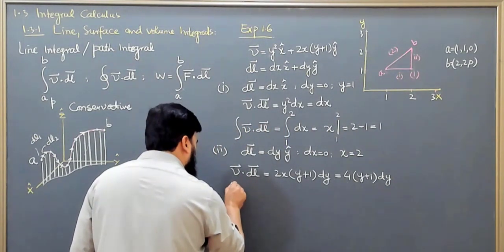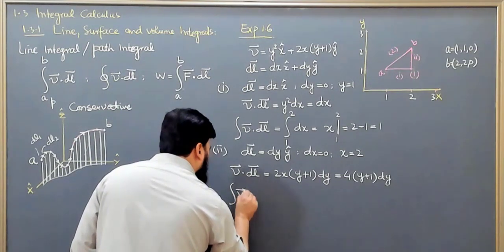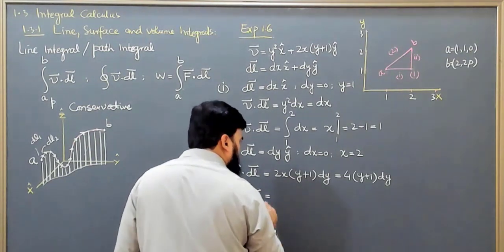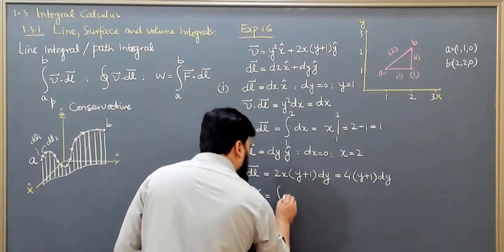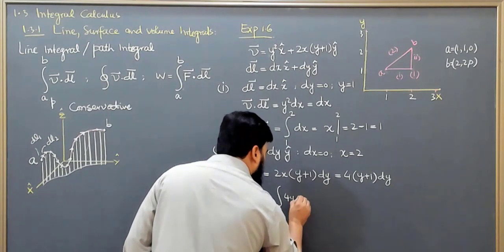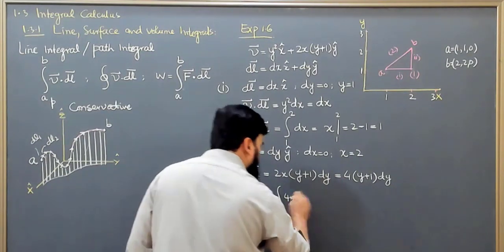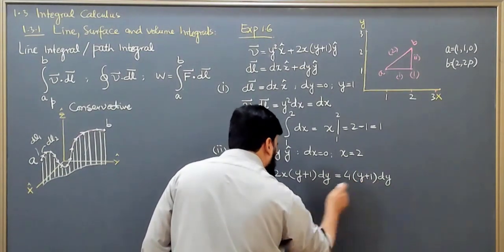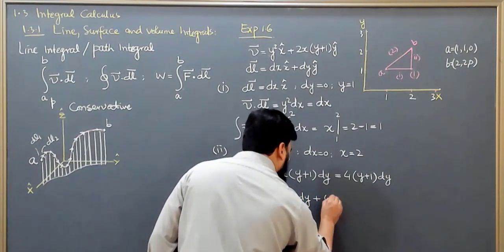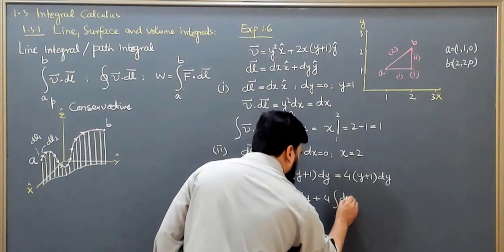So the integral of v dot dl is equal to the integral of (4y + 4) dy.